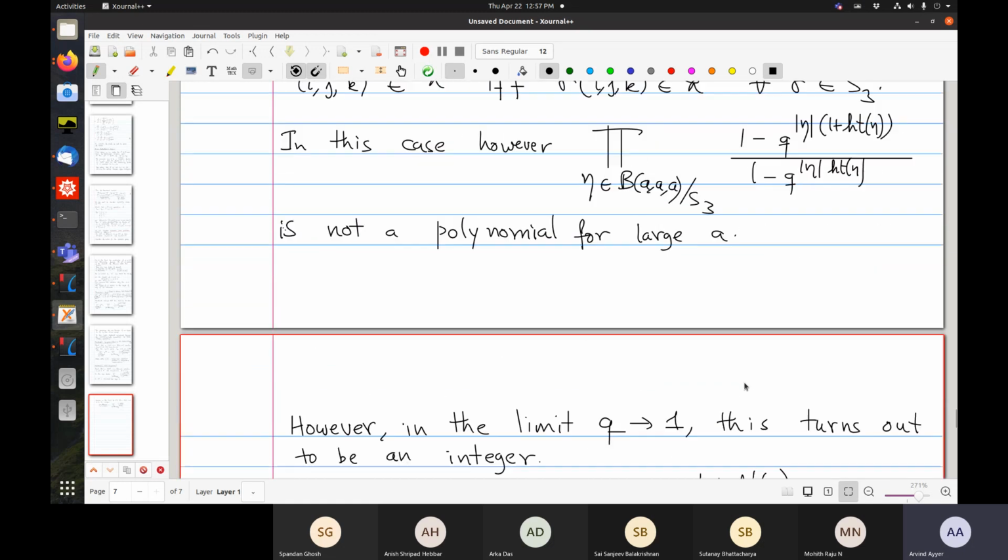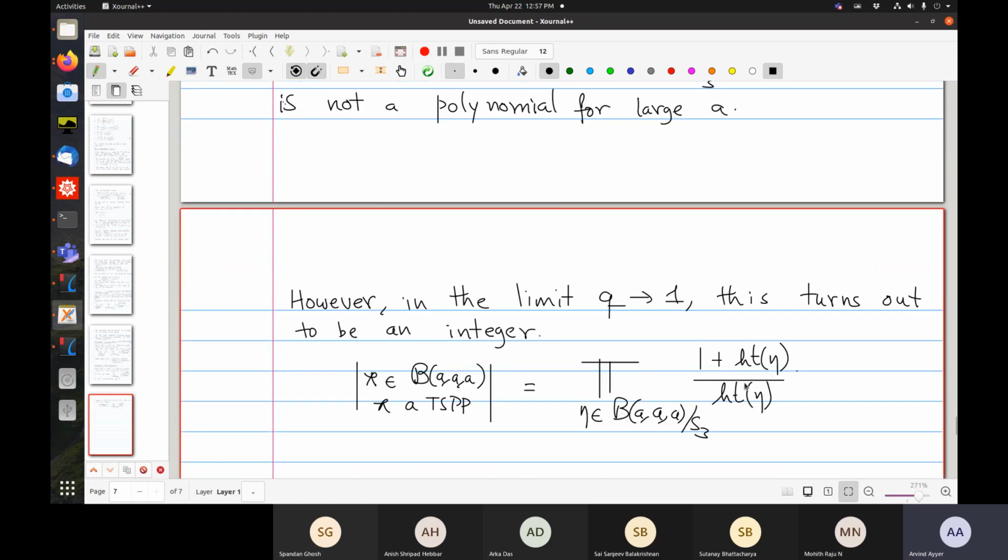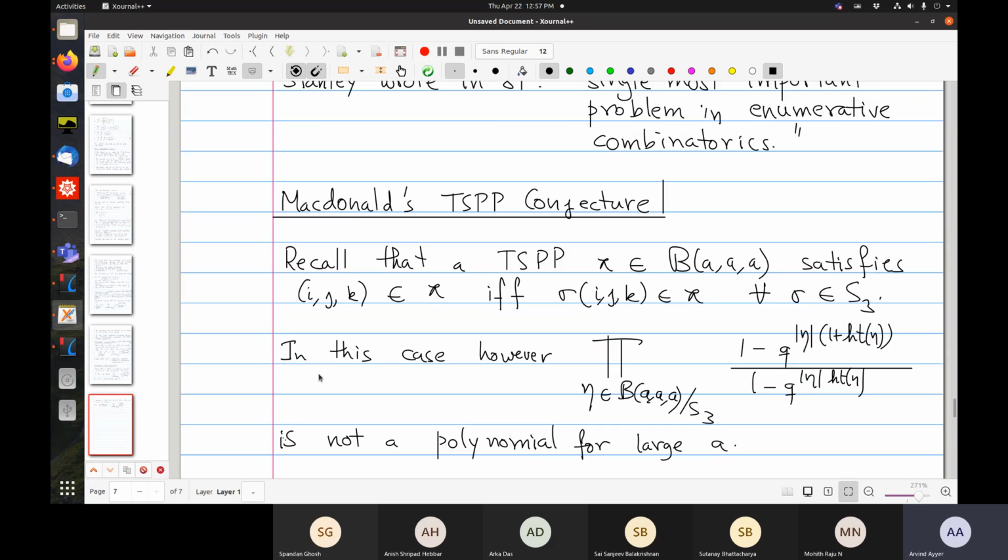So again, some magic has happened, and this formula seems to work. So this was McDonald's TSPP conjecture, and this was proved by Stembridge, I think it was 85. And he did it by proving a novel generalization of the Gessel-Viennot lemma. And let me see, I'll try to prove this.